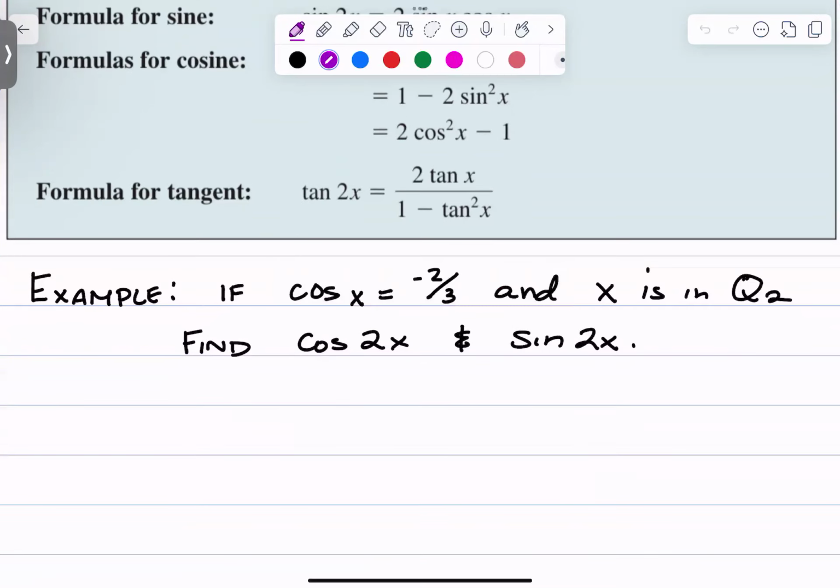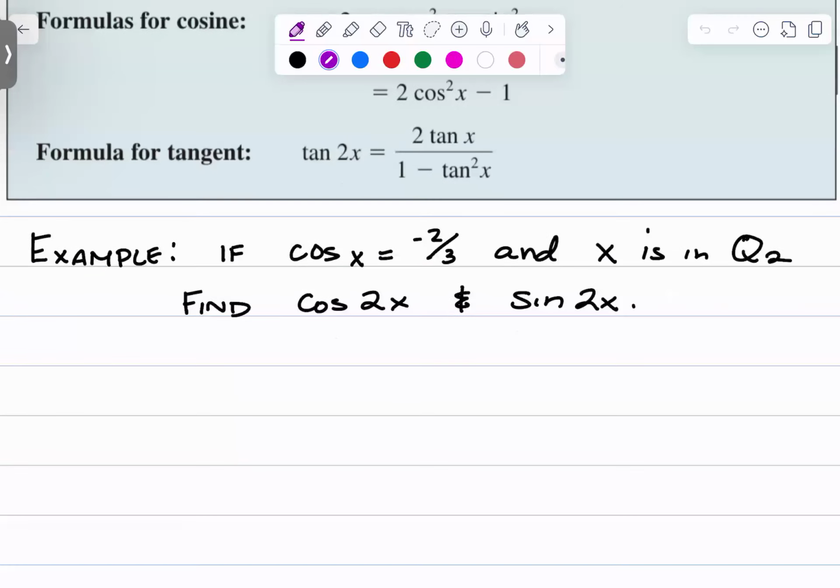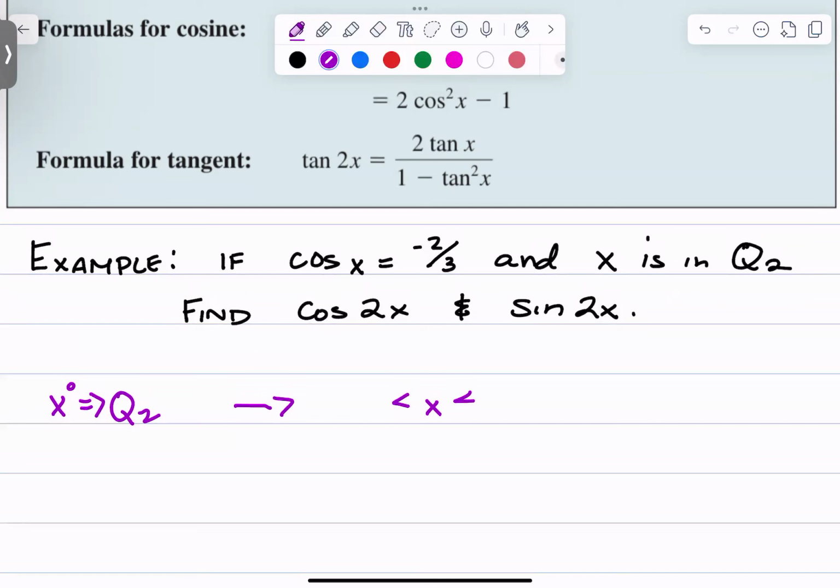So if x is in the second quadrant, then x has to be between 90 degrees and 180 degrees, correct?